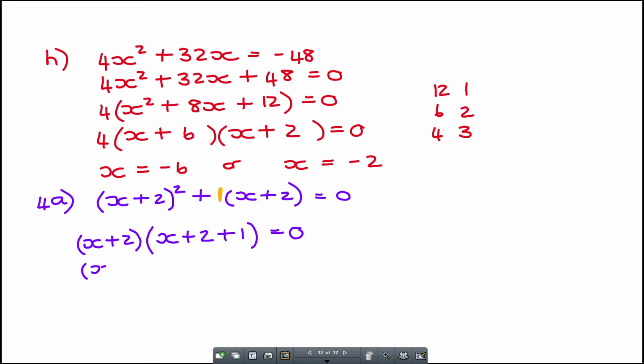So it will be (x + 2)(x + 3). If I make this first bracket equal to 0, how much would x be? x will be minus 2, or, in the second bracket, x will be minus 3.